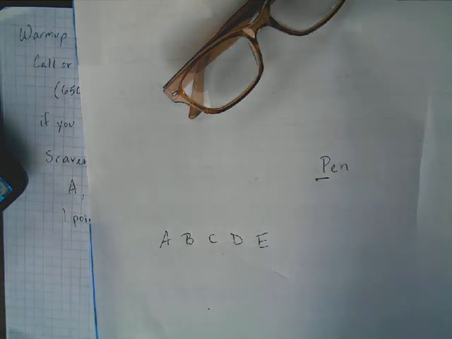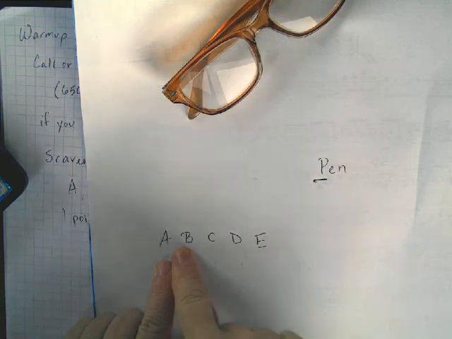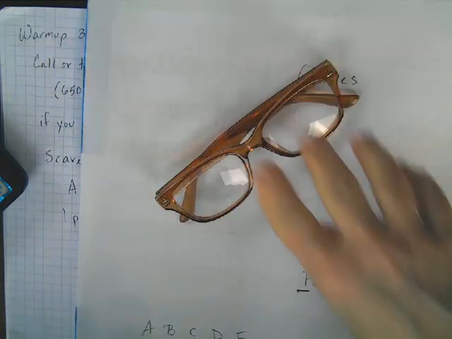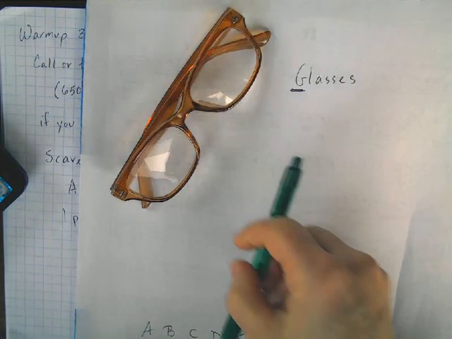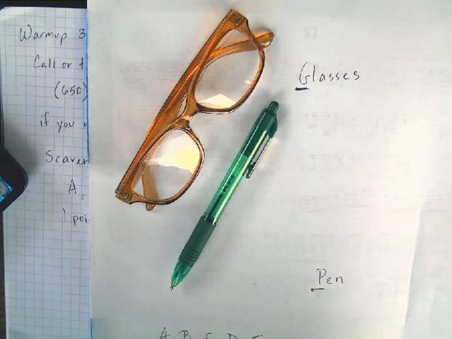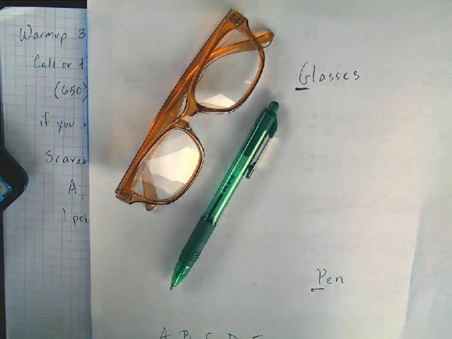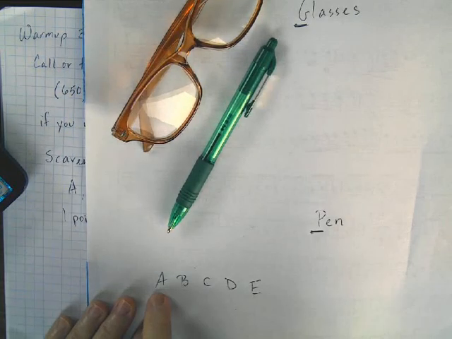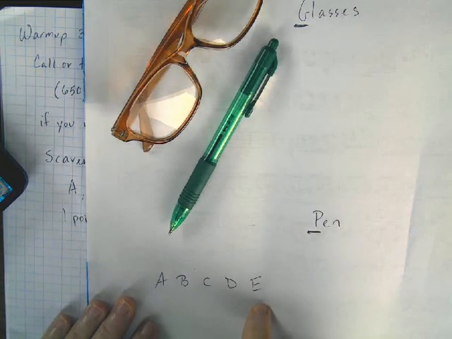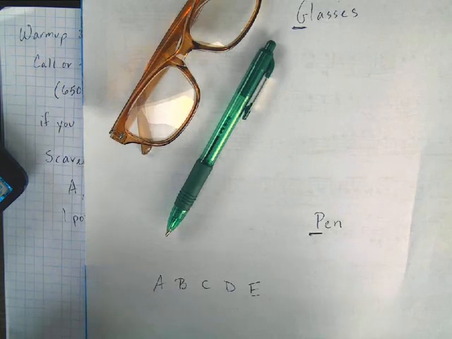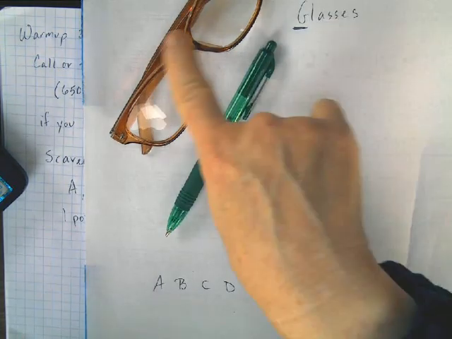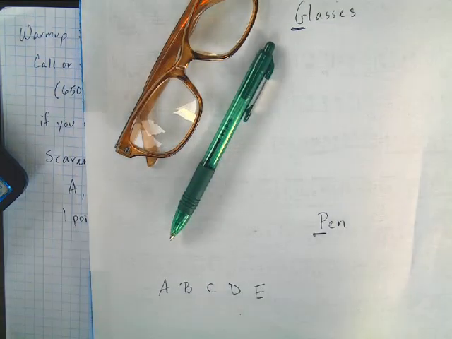So you want to try and find things that start with all the letters of the alphabet. So here I found G for glasses and P for pen. And you get 1 point for every object you can find that starts with a different letter of the alphabet. So don't give me another object that starts with G. If you've already given me glasses, don't give me like glove or something.